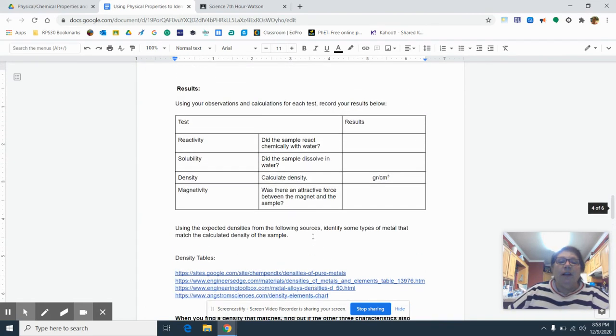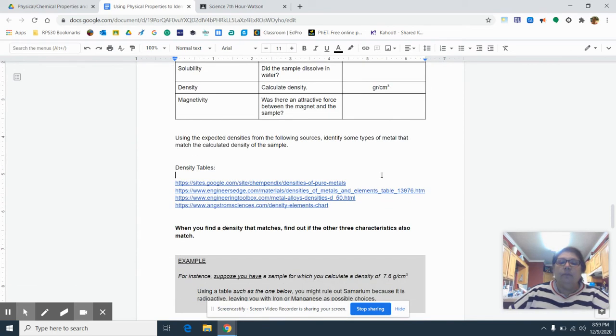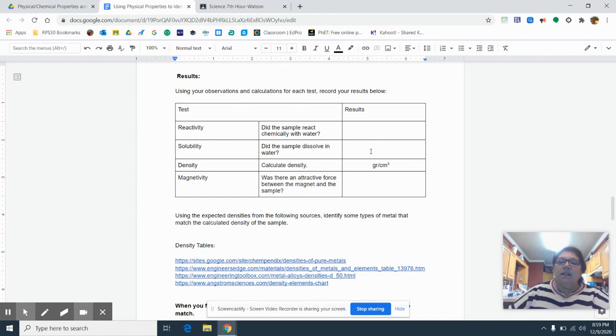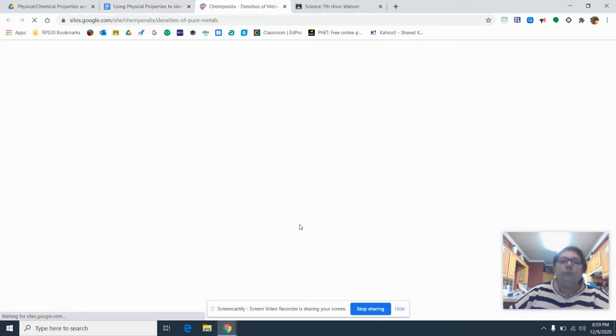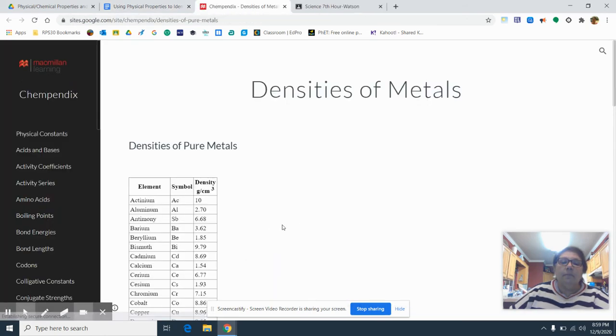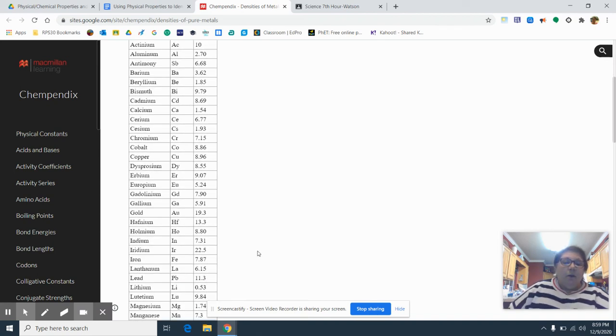And then the next one you wanted to know was, did it react to water? Get on Google. Does whatever metal you think it is react to water? And is it soluble? So you're looking up, after you get a general idea of what metal you think it is, like let's say we think the metal is gold.